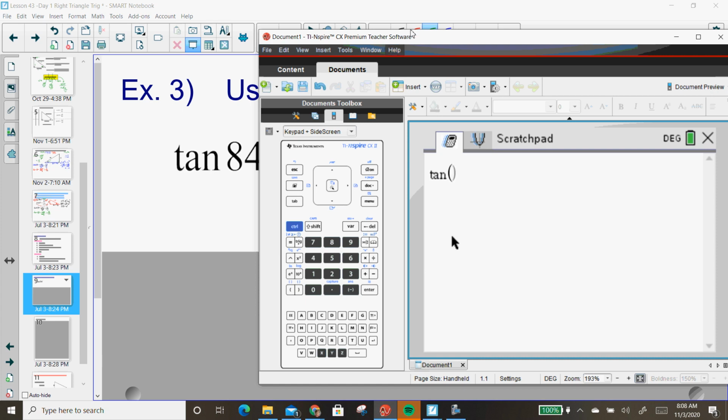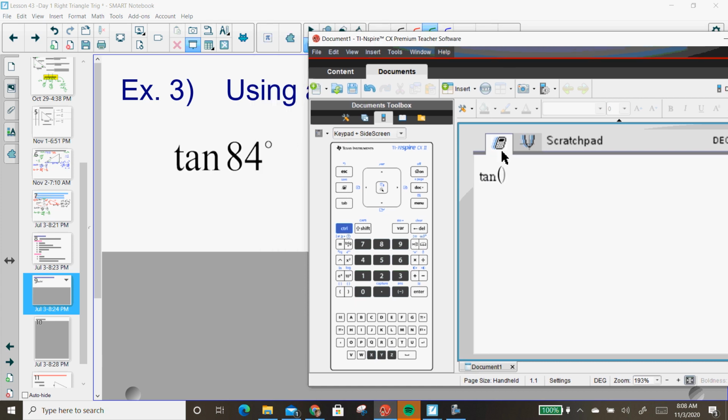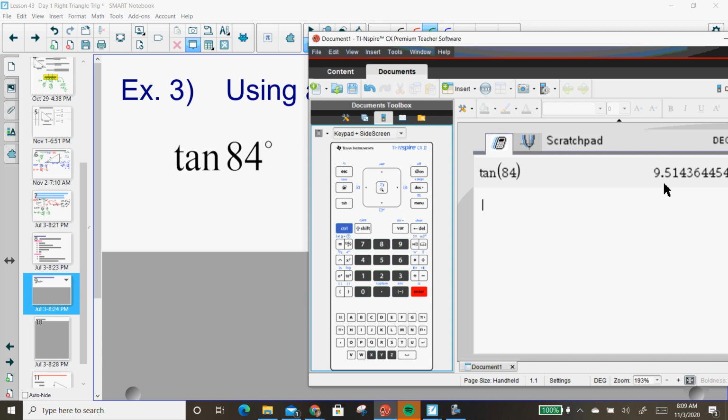Then I have tangent with a parenthesis, and all I have to do is type the 84 inside of there and enter, and then I would round and say that the tangent of 84 is 9.514. We are always going to use 3 decimal places.